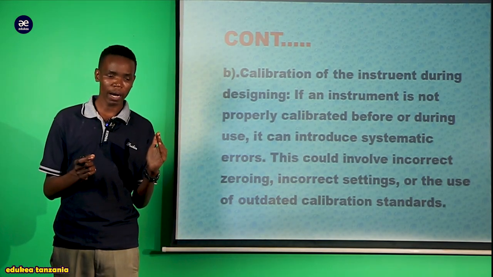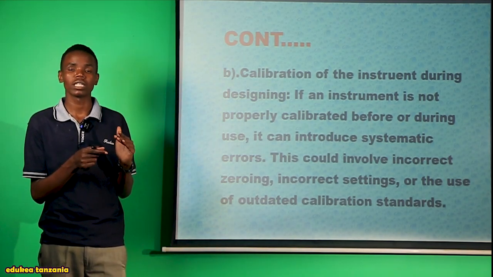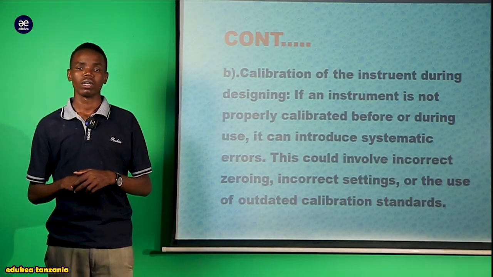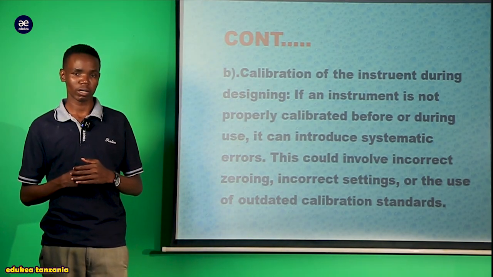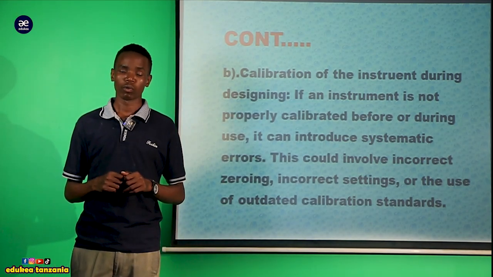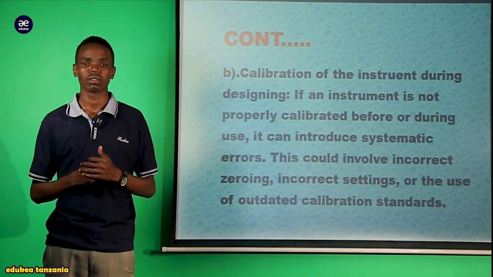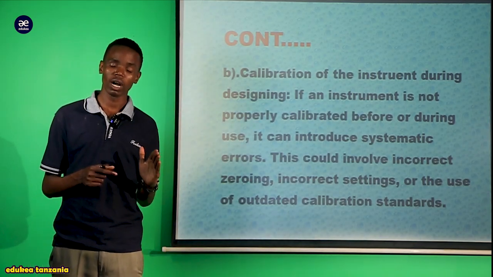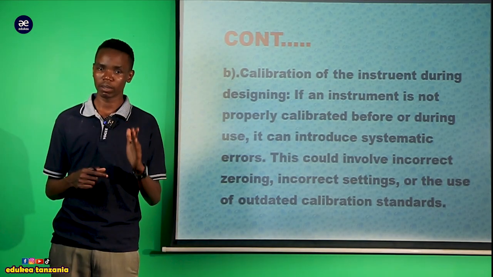Kwamba ukianza kupima pale, usipo involve that zeros, itaweza kukusababisha uweze kupata errors, uweze kupata calibrations that may result in the formation of the systematic errors or incorrect setting. When you are not careful in setting your instruments, kwamba natakiwa nianze kwenye 0 kuweza kuhesabu, ukaanza kwenye 1. All in all, you will cause the systematic error to occur during the measurements.